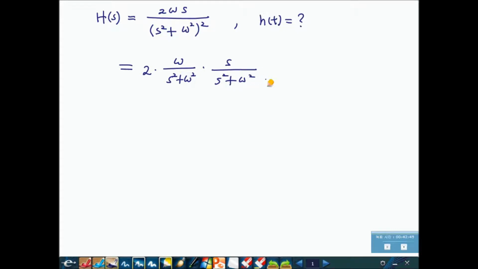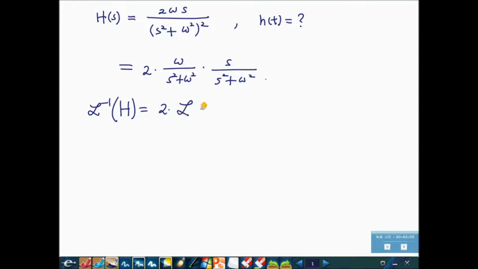Correct? You can decompose a big complicated function into a more primitive form. Then you could do the inverse Laplace transform of big H, and the 2 comes out immediately.